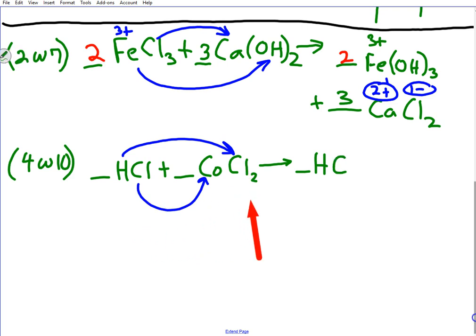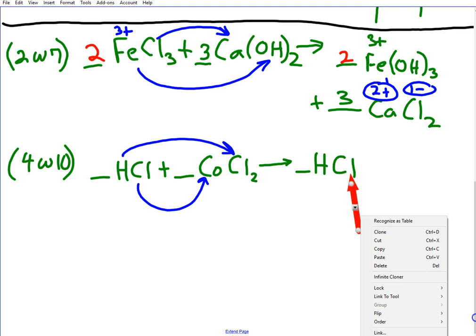Only the numbers are different. With cobalt that has a 2+ charge, we need 2 chlorines. But when we put hydrogen with the chlorine, we only have 1 hydrogen with a 1+ and 1 chlorine with a 1-. So that gives us strictly a 1-to-1 ratio.